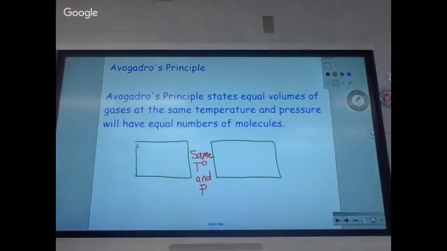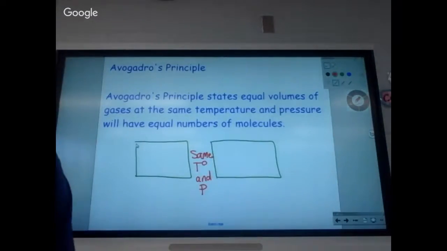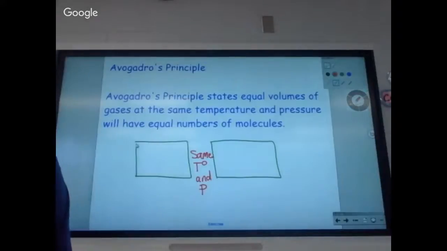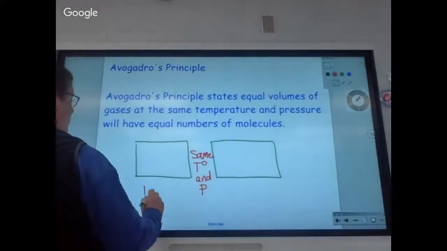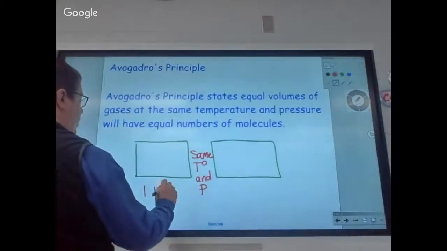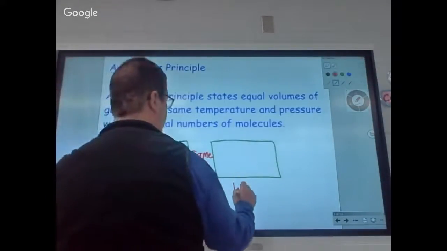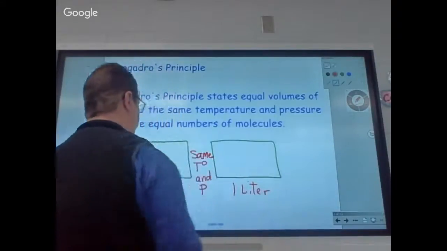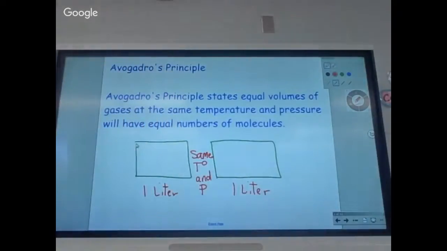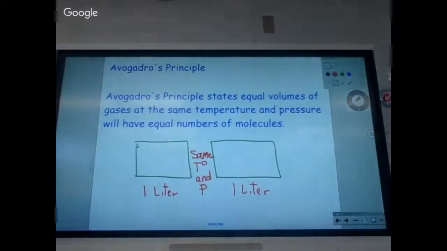We know their temperature and pressure is the same. We don't know what it is. We just know it's the same. We know their volume, let's just say for the sake of argument, is 1 liter on both of these containers. Okay? That's what Avogadro is telling us. We know the volumes are the same, and we know that they have the same temperature and pressure, whatever it happens to be.